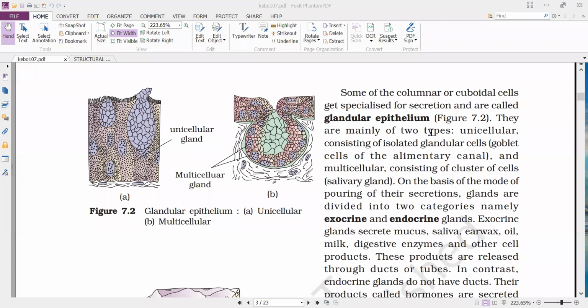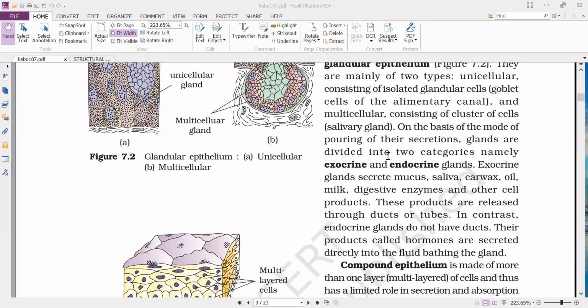On the basis of the mode of pouring of their secretions, glands are divided into two categories, based upon how the glands pour their secretions: exocrine glands and endocrine glands.